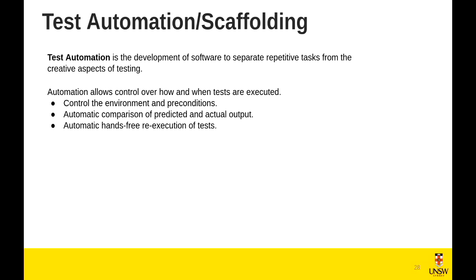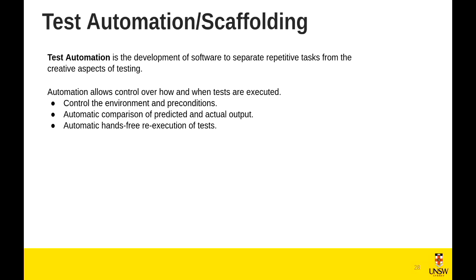The second one is, when we execute the program, we should be able to automatically tell if the program runs into some error or not, right? So the automatic comparison between the predicted result and the actual output could be done, or should be done, automatically.